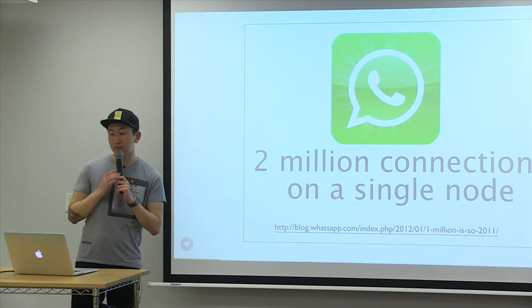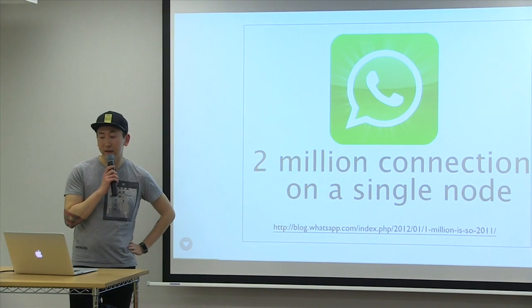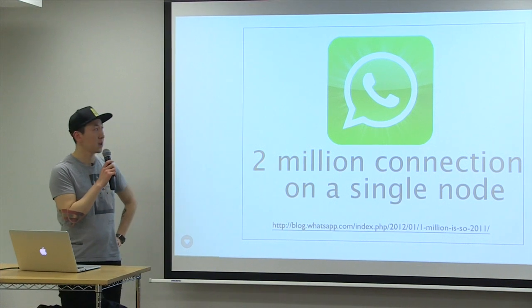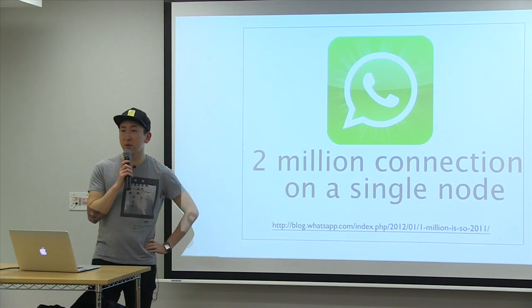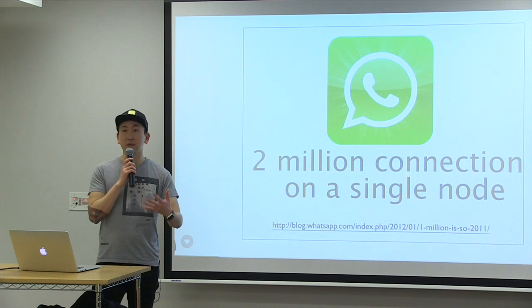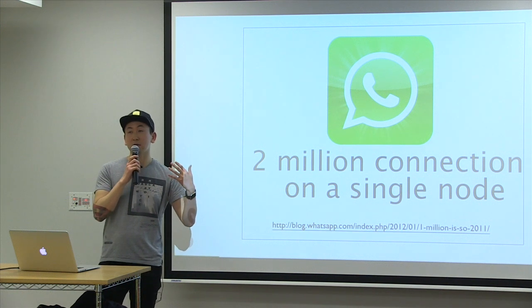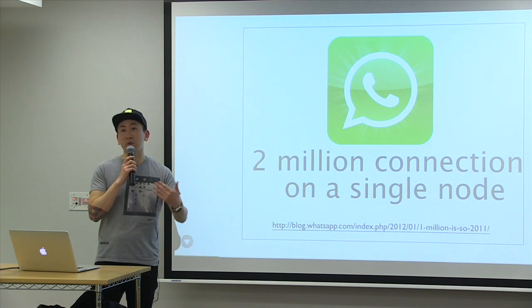So one big use case is WhatsApp. They have 2 million connections on a single node. It's a beefy machine, obviously, not a small one, but it's still impressive, because the nature of WhatsApp is constantly connected. It's not the traditional web request-response kind of thing.